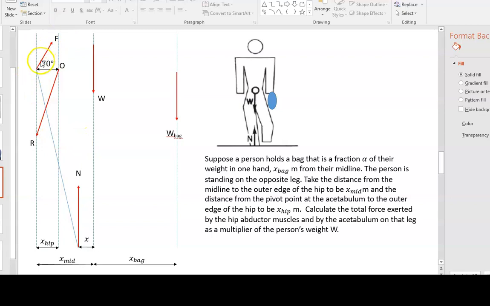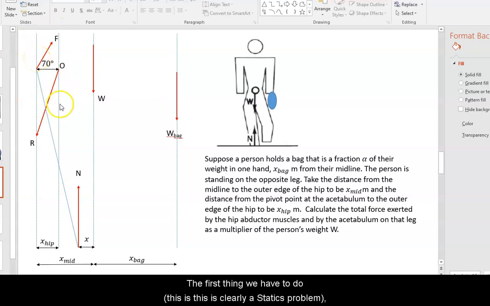And this is the force of the muscle on the greater trochanter, and this is the net force from the acetabulum on the head of the femur, right? These are internal forces. We're not worried about those just yet.